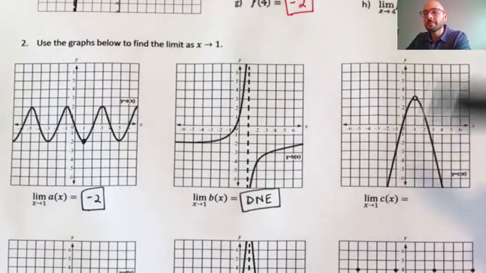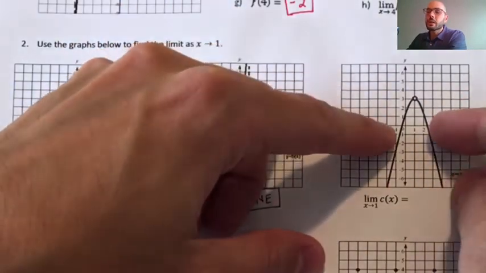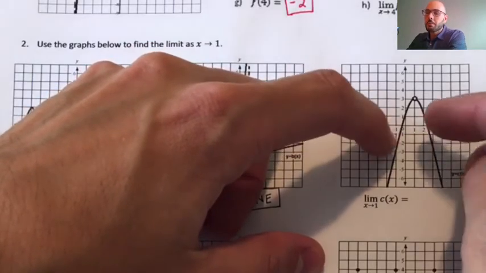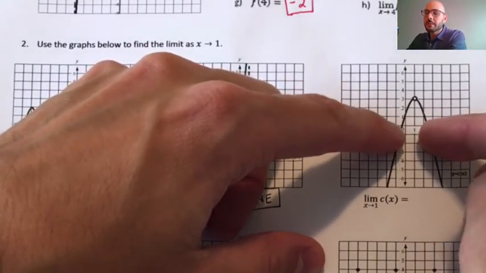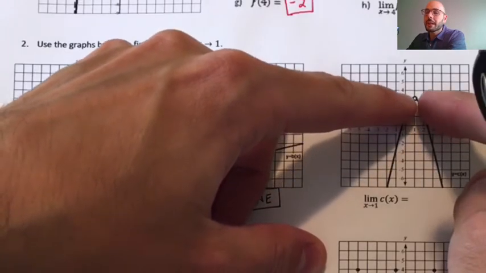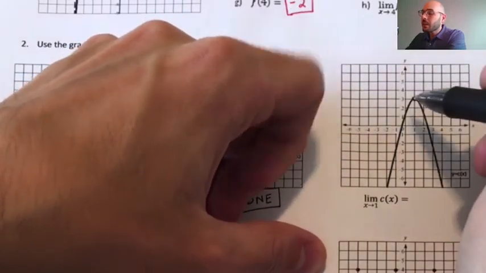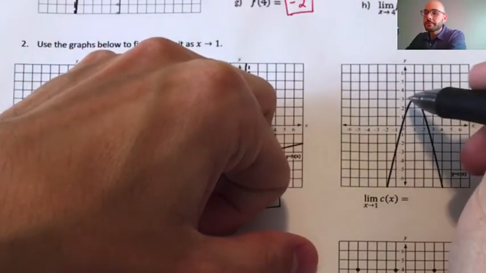Okay, part C. So here we have what looks like an upside down parabola. There is a hole in the graph, but holes don't really matter for limits. So I'm putting a finger on the right, a finger on the left. I keep my fingers on the graph as I head towards that point. My fingers do meet up, they touch, and the y value where they touch is 3.